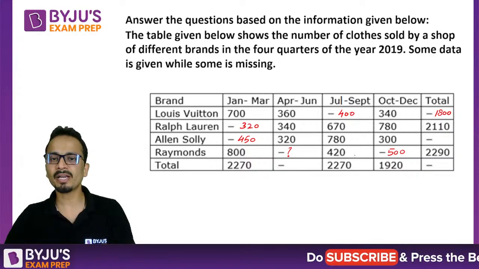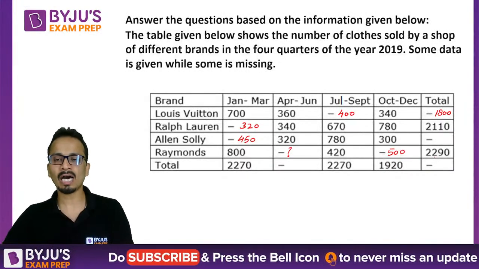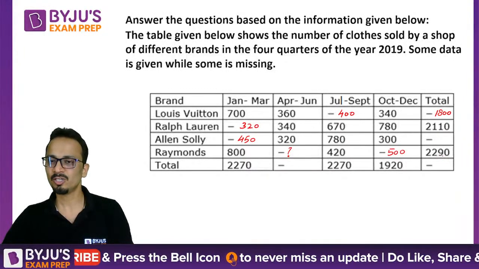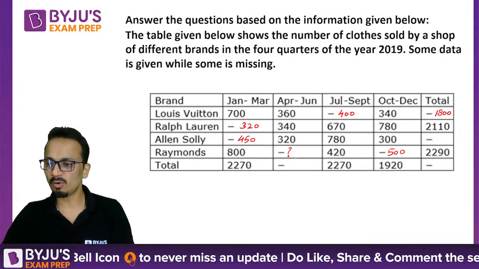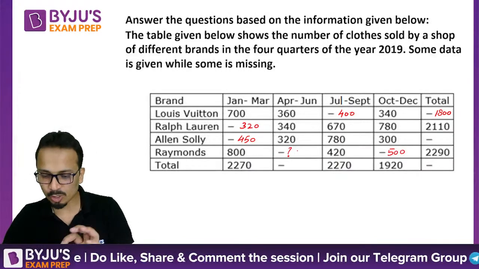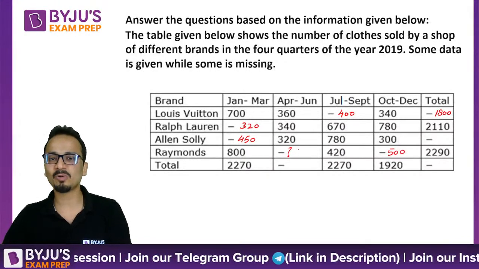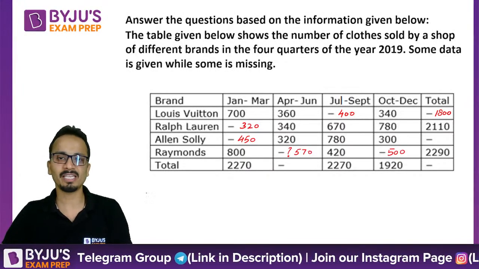So 1720 is the sum which will be subtracted from 2290. Okay, fine. So this value will come out to be 570. Absolutely correct. Rishikesh, Roosters, Tushar, Dharmi, all of you are absolutely correct. So this value will be 570.